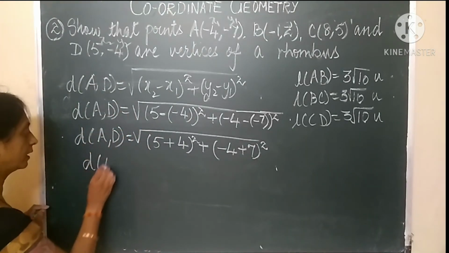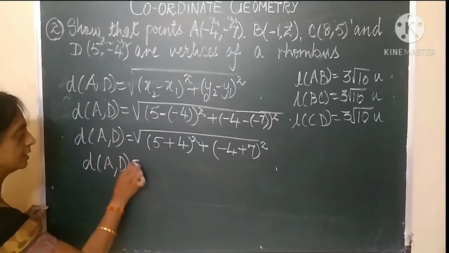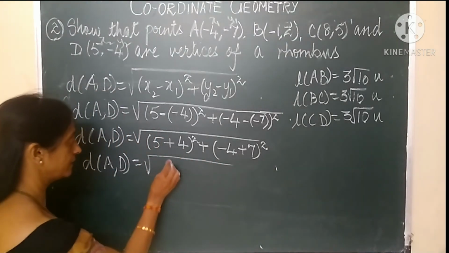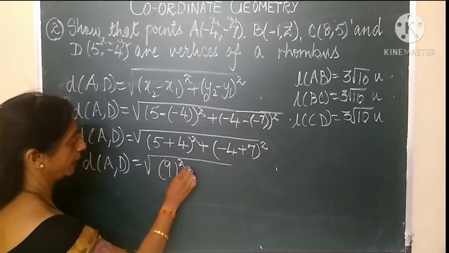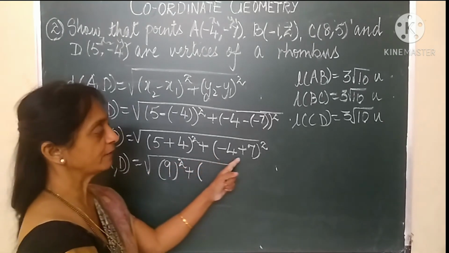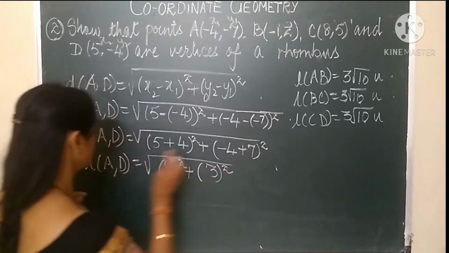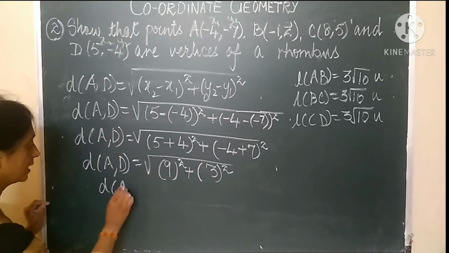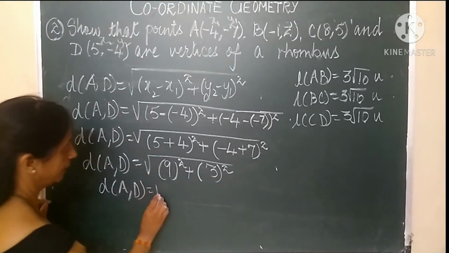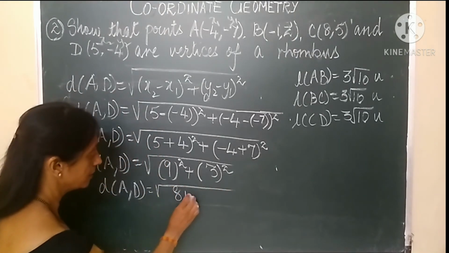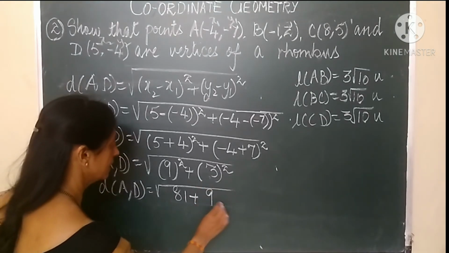To move on with the calculations, distance AD will be equal to, in the first term, 5 plus 4 gives us 9 the whole square plus minus 4 plus 7 gives us 3 the whole square. So distance AD will be equal to 9 square, that is 81, plus 3 square is 9.